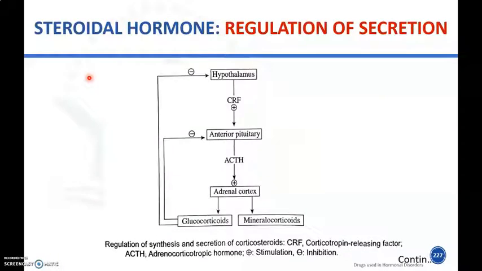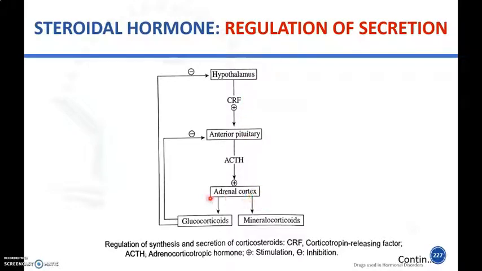So this is the regulation of release of adrenal hormones. This adrenal cortex is stimulated by the hormone released by the anterior pituitary, that is adrenocorticotropic hormone. And this anterior pituitary is stimulated by the hypothalamus by releasing corticotropin releasing factor.